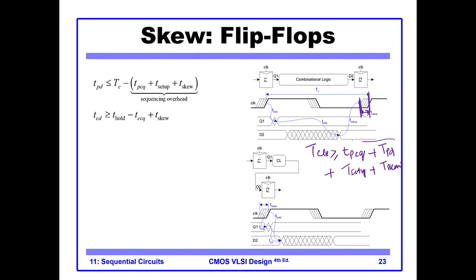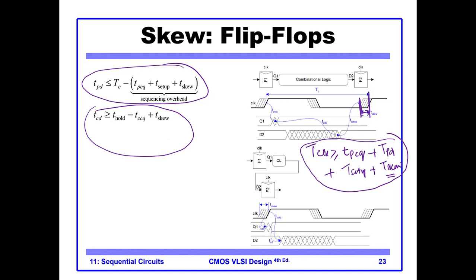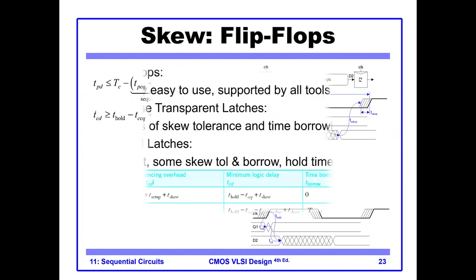So now my clock period should be greater than this extra quantity, and now the sequencing overhead or the max delay is increased by T skew. Similarly, for the min delay, a factor of T skew will be added to this one also.